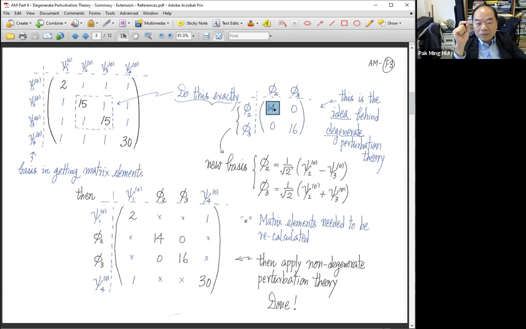If you're not satisfied with this stage, then you transform your matrix with this new basis into another big matrix, recalculate all these elements, then you use second order again, and you will get more correction terms. This is degenerate perturbation theory.